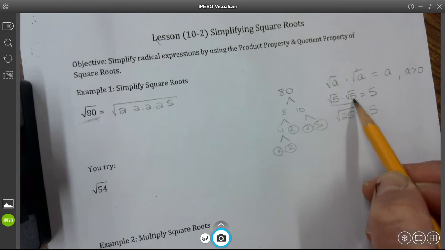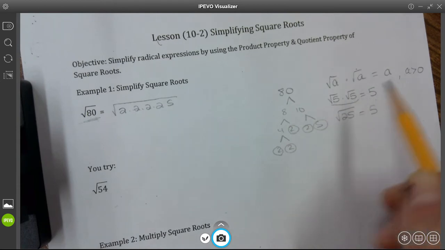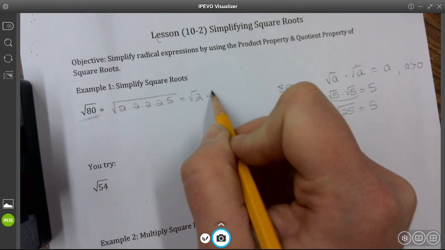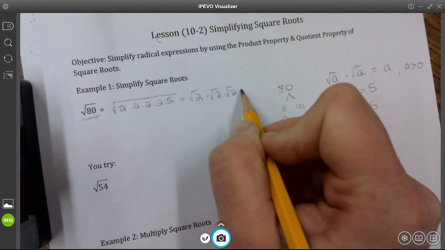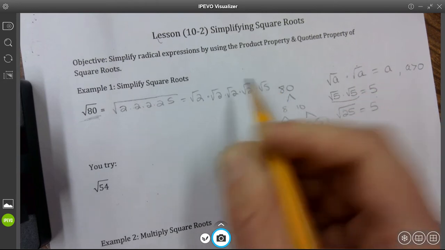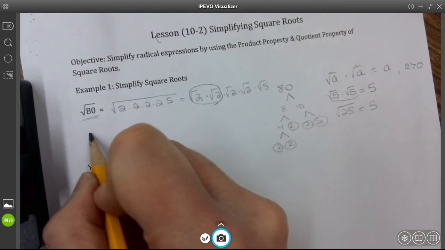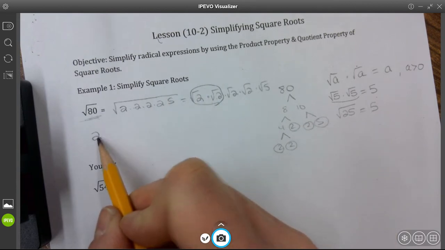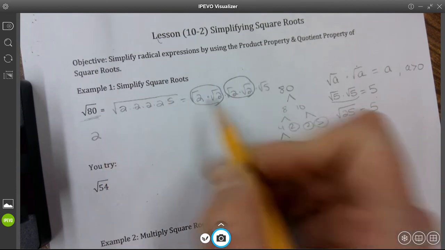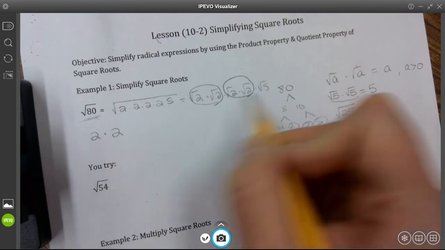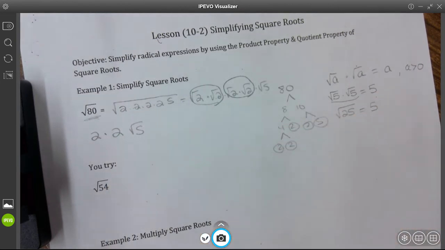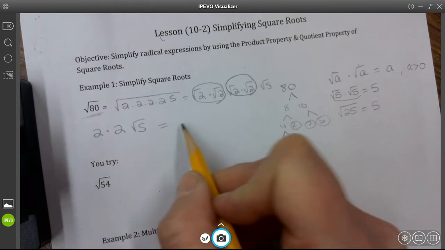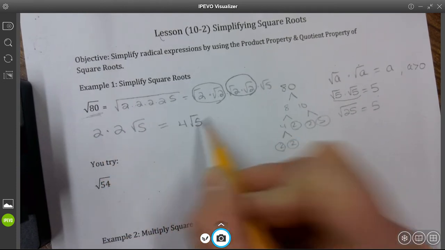So once we see a pair, we just take one number out. So here, this is the same thing as the square root of 2 times the square root of 2, square root of 2, square root of 2, square root of 5. When we see a pair, we write 2, because that's really the square root of 4, which is just 2. And we're left with 5.